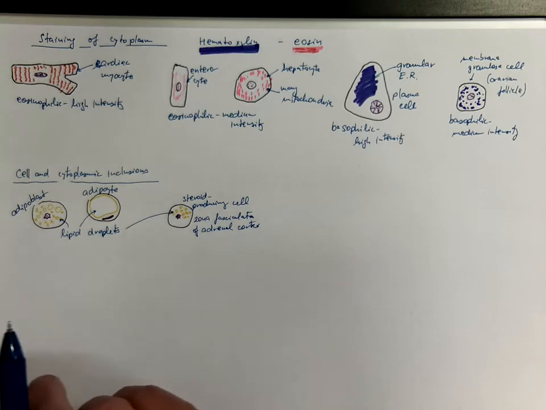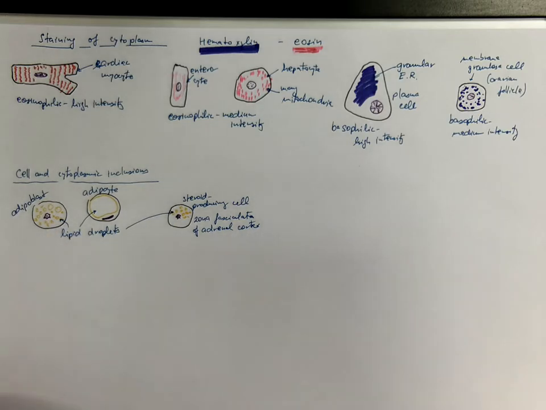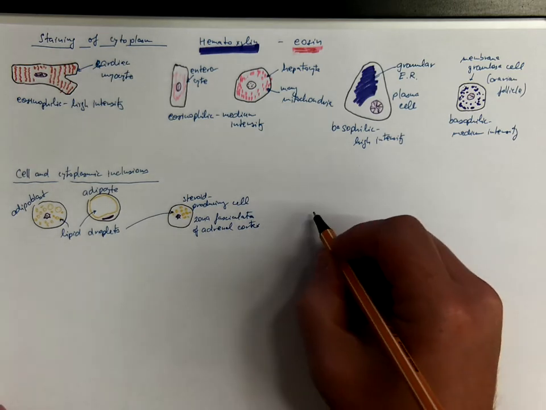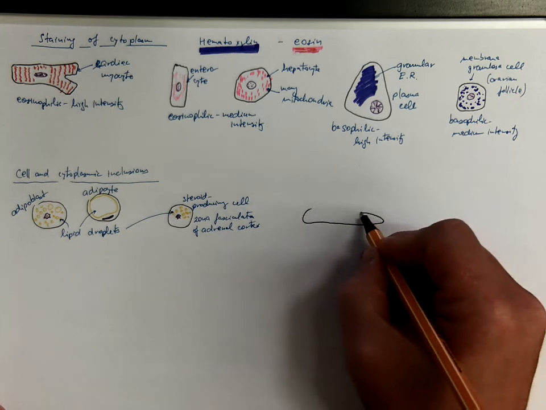Another example of inclusions could be glycogen granules, such as occur in the vaginal epithelium.